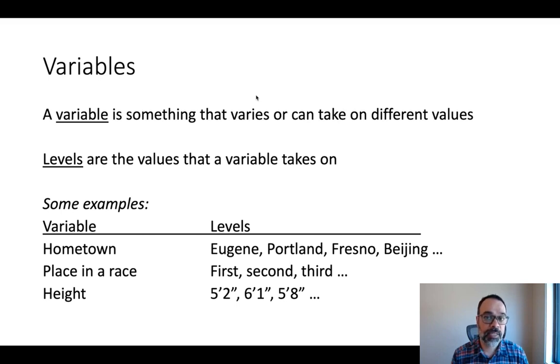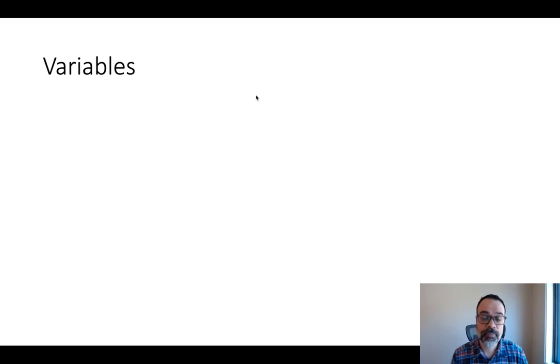So I've described this at a level of precision down to an inch, 5'2", 6'1", but height might vary at even a higher level of granularity. It's more of a continuum rather than a set of discrete chunks. We'll get into this more as well as make some other even finer grained distinctions among variables later in the course. I just wanted to call your attention to it now to give you a heads up.